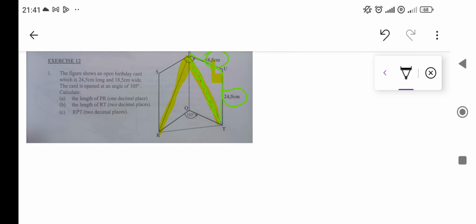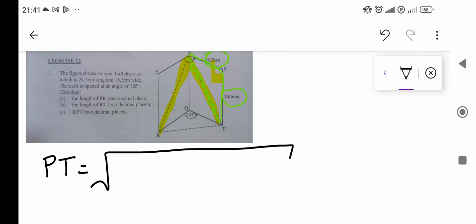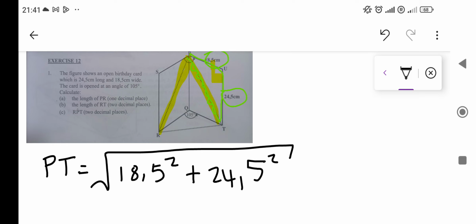We'll say PT will equal the square root of, we want the long side, so it's going to be 18,5 squared, and we're going to add, because we're trying to find the hypotenuse, the 24,5, which is also going to get squared.